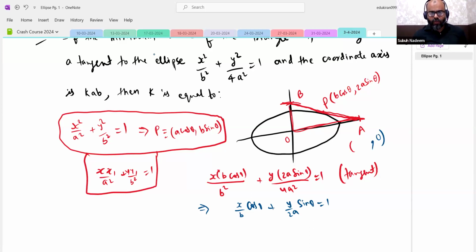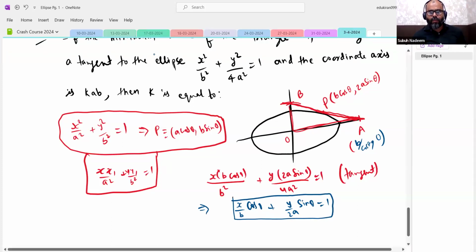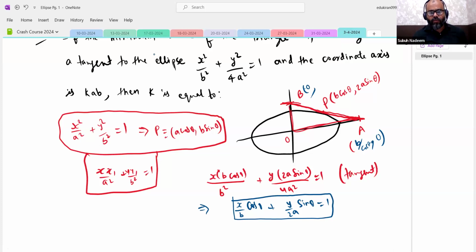When you put y equal to 0 in this, you get x, that will be b by cos theta. And when you put x is equal to 0, you will get y, which will be 2a by sin theta. So these two coordinates, you got the coordinate of A and the coordinate of B.